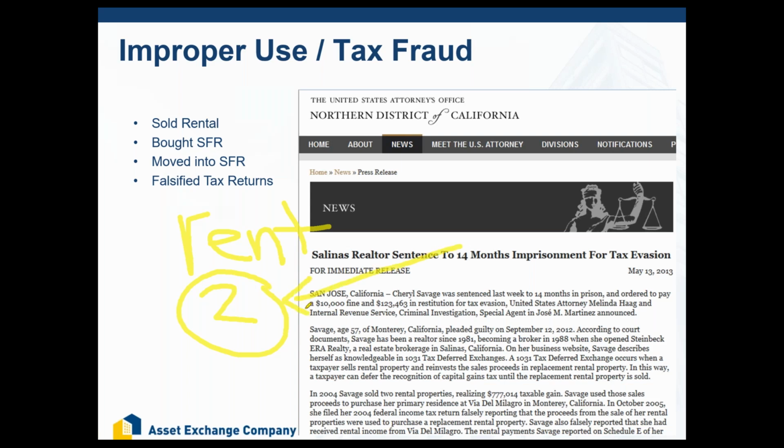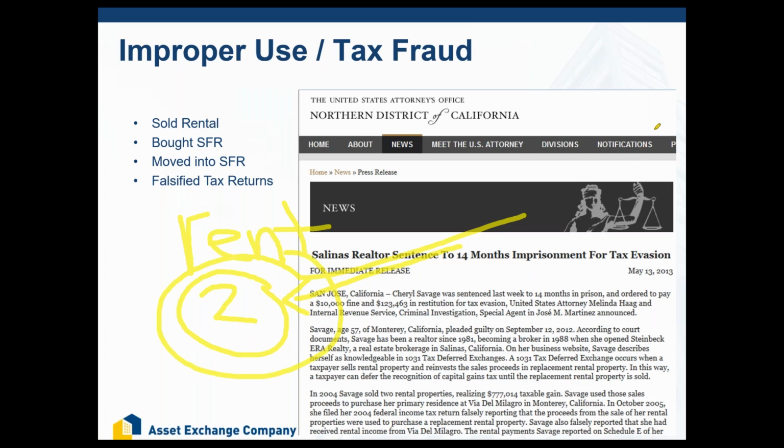Once you've established that property that you bought in a 1031 as a 1031 property by renting it out for 2 years, you can then kick the tenant out and you can move in, but you have to rent it out for at least 2 years before you do anything with it personally.